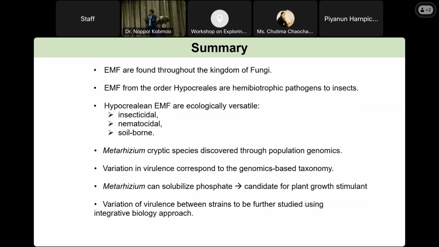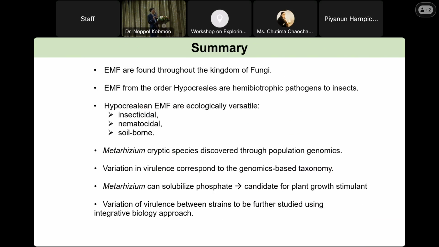So basically, to summarize this work, entomopathogenic fungi can be found throughout the kingdom of fungi, but only the entomopathogenic fungi from the Hypocreales are hemibiotrophic pathogens to insects, which have now been demonstrated to be much more than pathogens to insects.